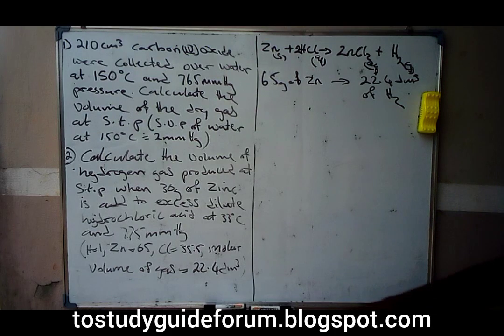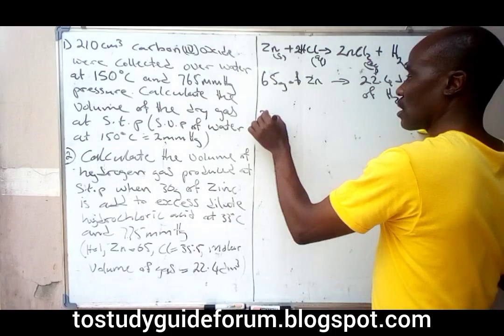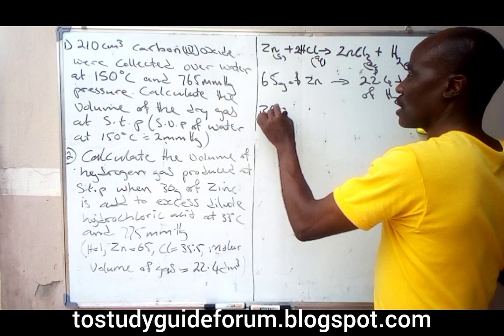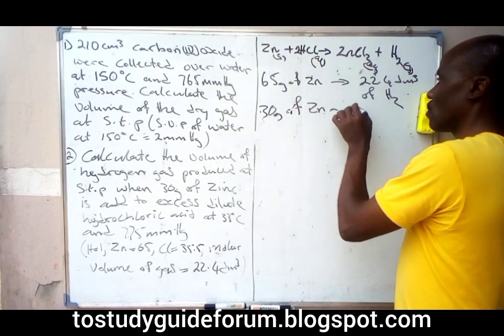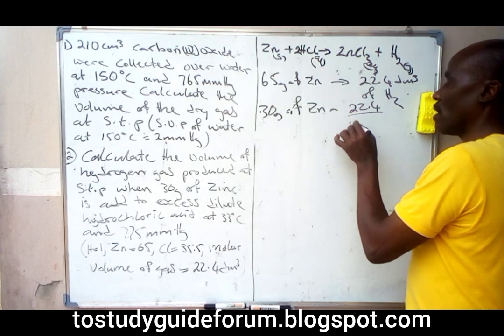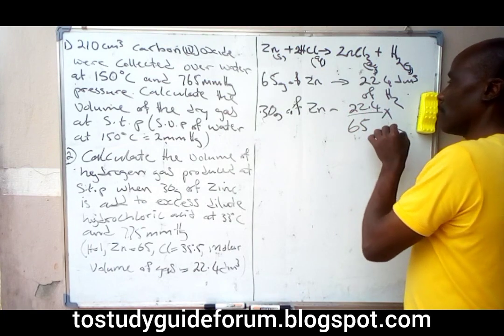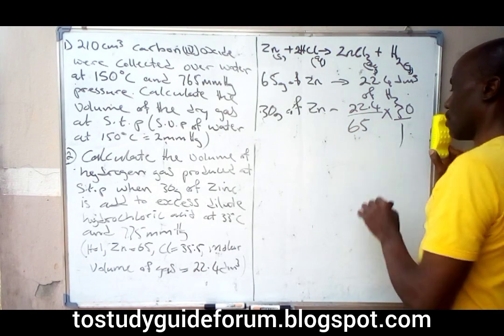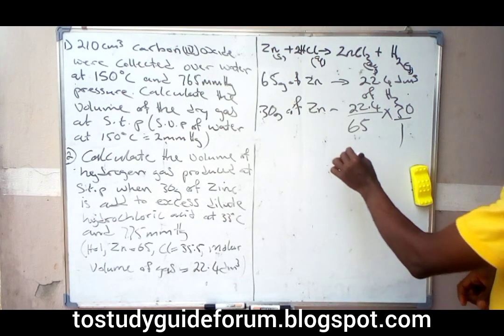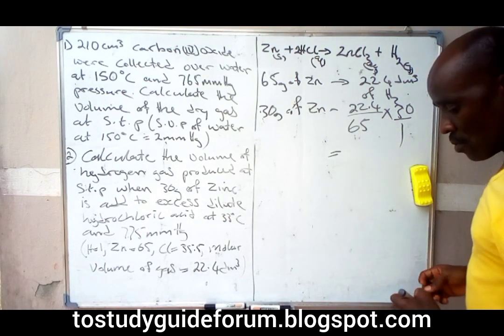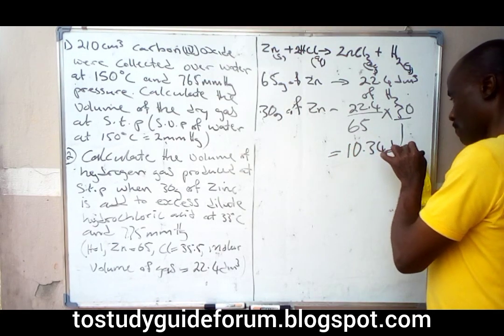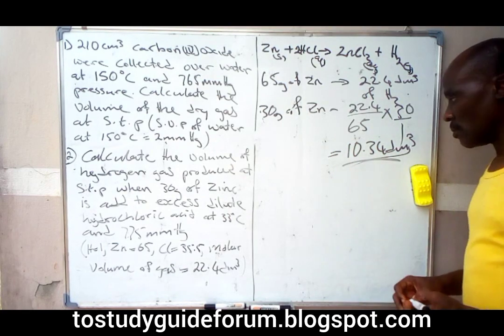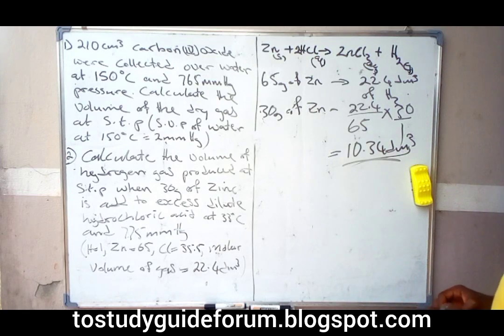So now 30 grams of zinc will give us 22.4 over 65 times 30 over 1. What we have will be 10.34 dm³.